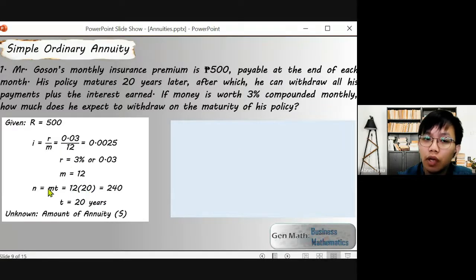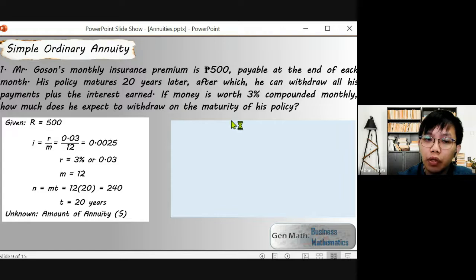Therefore, the value of n will be 12 times 20, which is equal to 240. Okay. And the question here is how much is expected to be withdrawn at the end of the maturity of the policy. Therefore, the unknown here is the amount of annuity, or that is S. Okay. So we can solve directly the value of S.